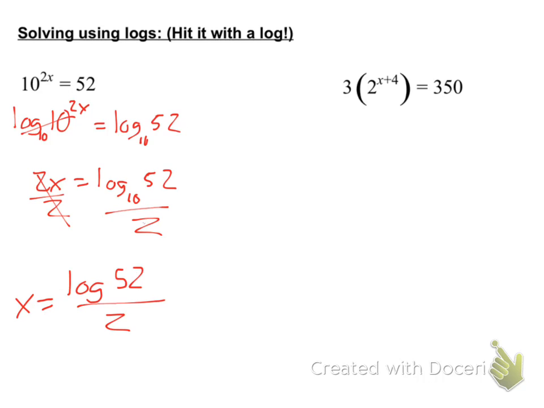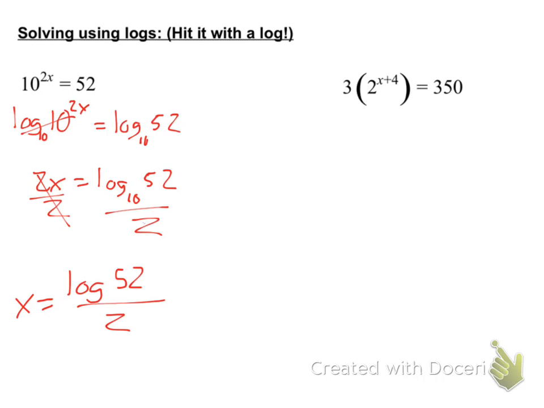Also, this does not become log of 26 because this is a log. This one's not in a log. You cannot put those together. I can't stress that enough. It's log of 52. I'm doing something, and then I am dividing it by 2.